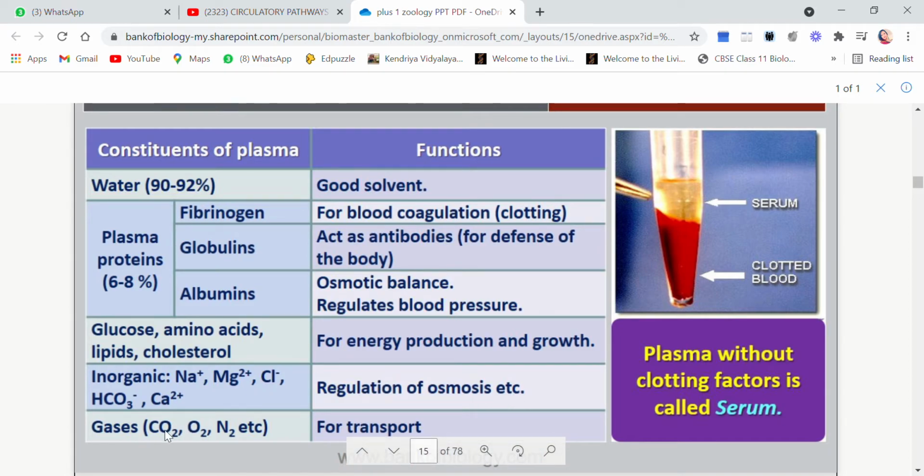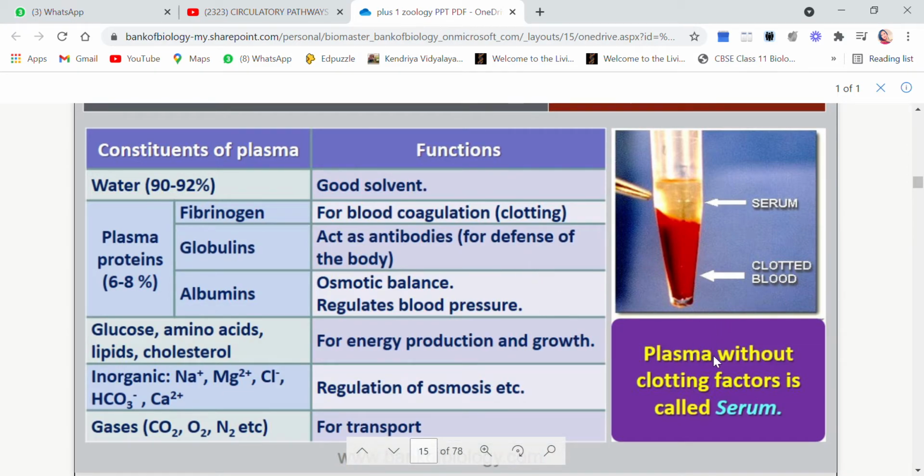Beyond that, there are certain gases also present in the plasma: carbon dioxide, oxygen, nitrogen, etc., which perform the role of transportation. So all the constituents of plasma are given, and whatever functions they do, they are also provided.